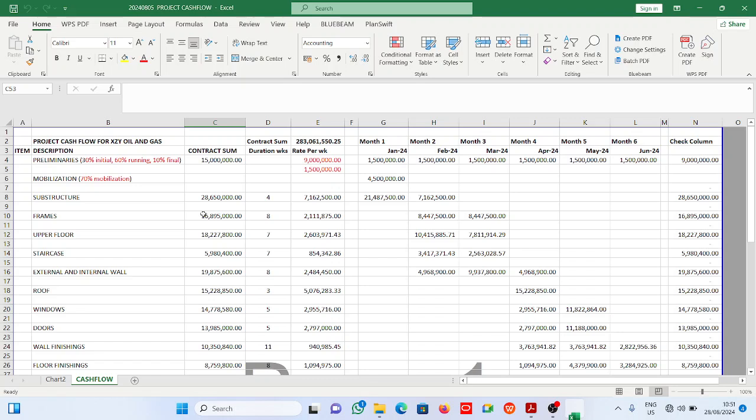And of course, it is to ensure liquidity and helps the client to make an informed decision.